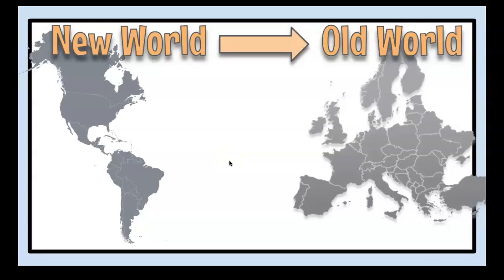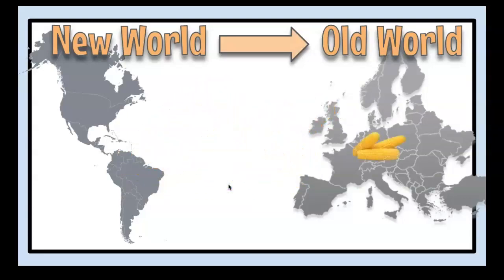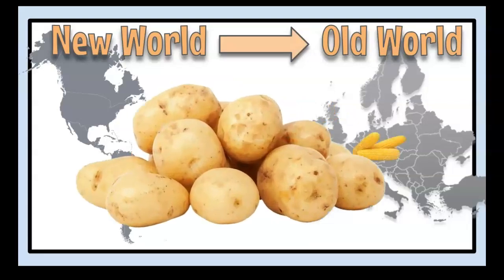We're just going to hit on a few of the items that came over. For example, corn came from the New World to the Old World. We also had the potato, and the potato had a big impact on the Old World, particularly in Ireland. These goods, like the potato, were very easy to grow.